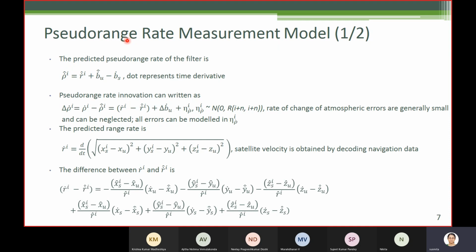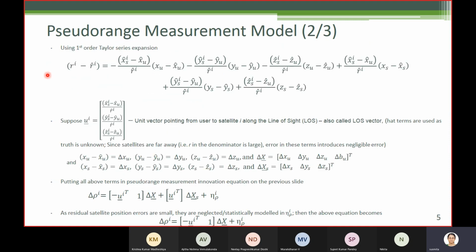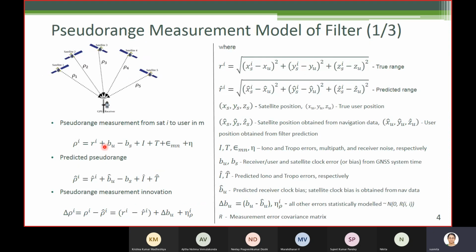Pseudo-range rate is basically the time derivative of the pseudo-range. This is the pseudo-range. If you take the time derivative, R dot, bu dot is actually delta t u dot, the drift of the clock. Bs dot, very small, can be corrected.